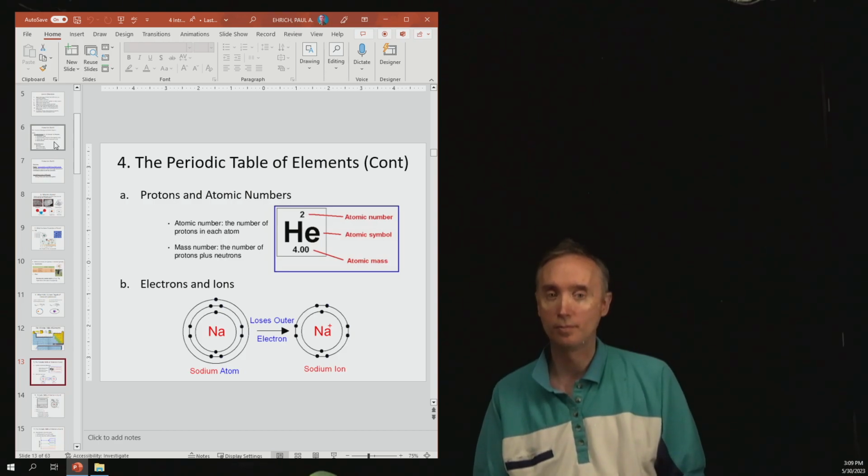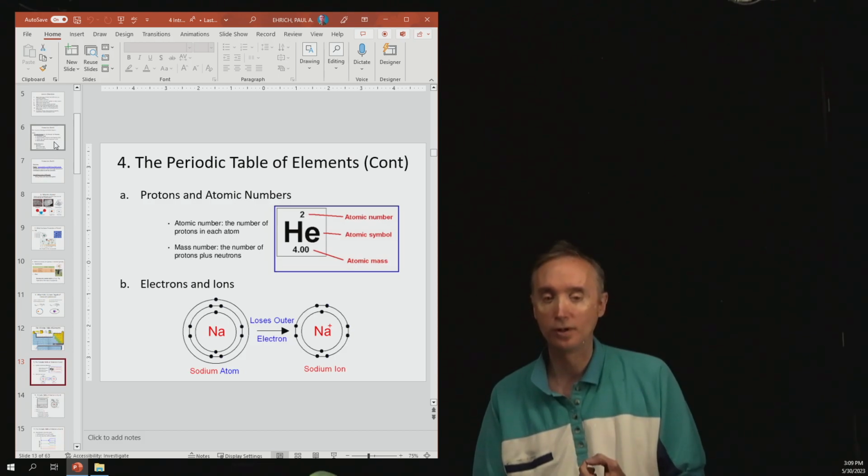The number that's on the bottom is called the atomic mass, and it takes into account the number of protons and the number of neutrons in the nucleus. As for the electrons in a particular atom, sometimes the electrons are knocked off, or sometimes an atom has an extra electron, in which case we say it's been ionized.